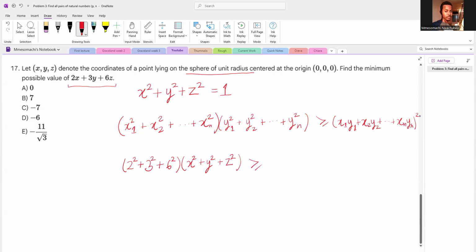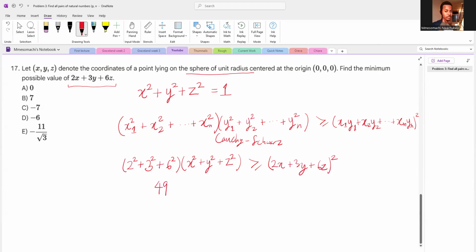And so by the Cauchy-Schwarz inequality, 2 squared plus 3 squared plus 6 squared multiplied by x squared plus y squared plus z squared is greater than or equal to 2x plus 3y plus 6z all squared. Okay. So 2 squared plus 3 squared plus 6 squared, this is 49.